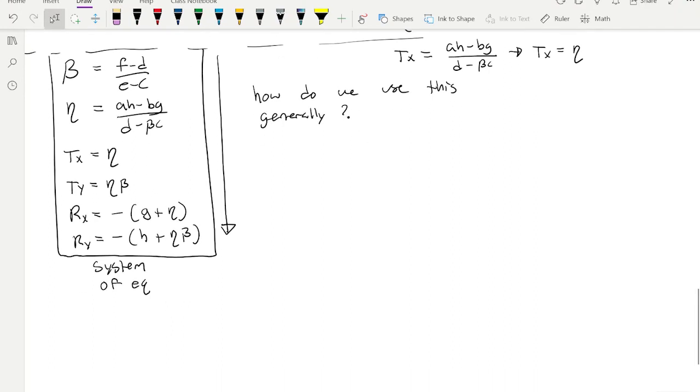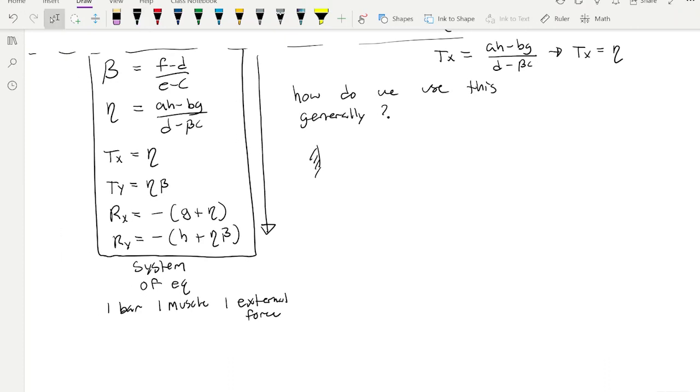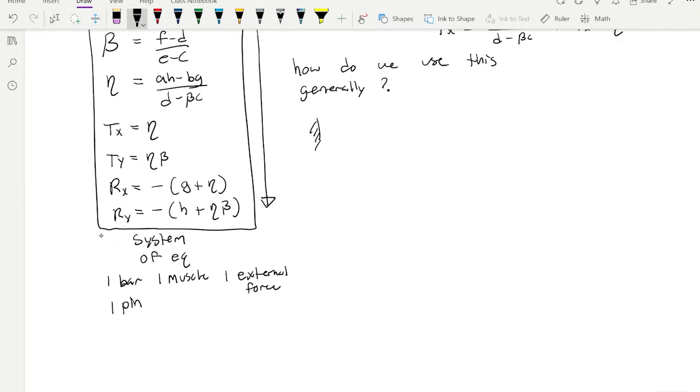So let's say we have some muscle system that when we draw the engineering diagram, this is, remember, the system of equations here for one bar, one muscle, one external force, right? It's not good enough to say this is the system of equations for something like one bar, one muscle. You need to remember that this is the system for all of these cases. You have one external force, one pin, one bar, one muscle.